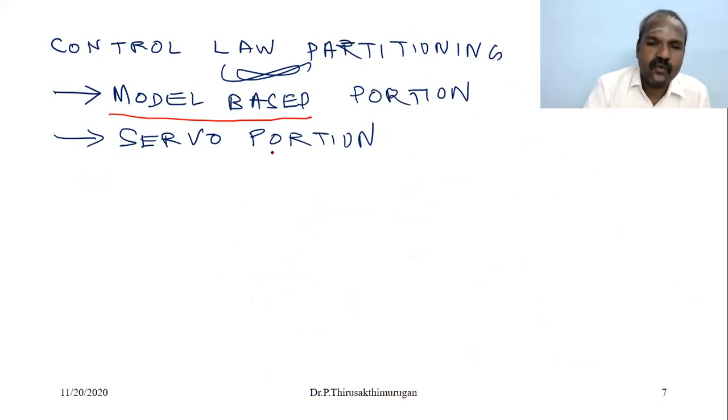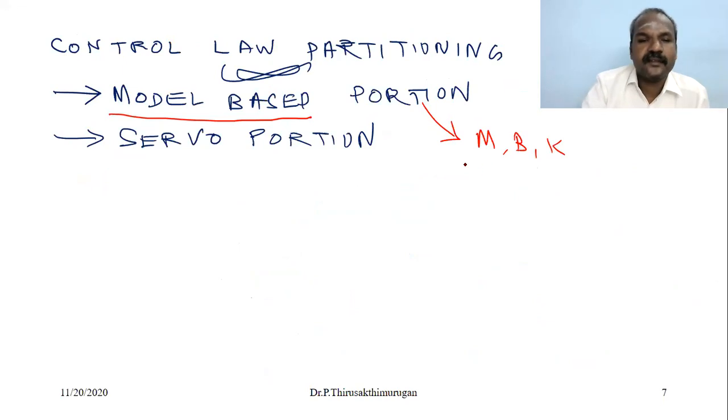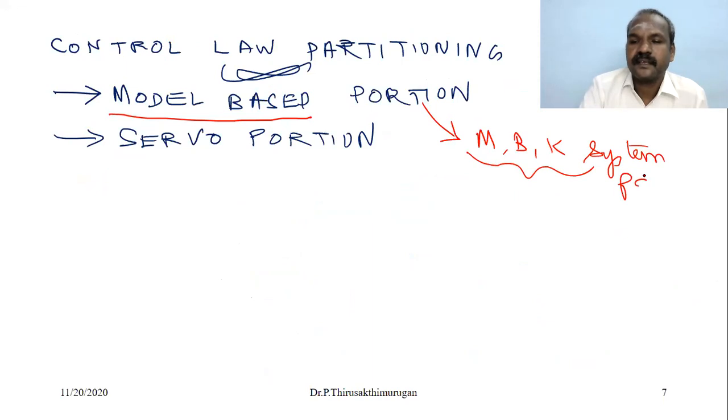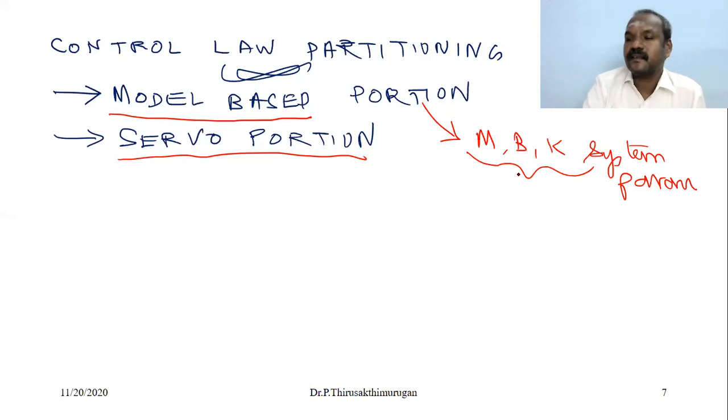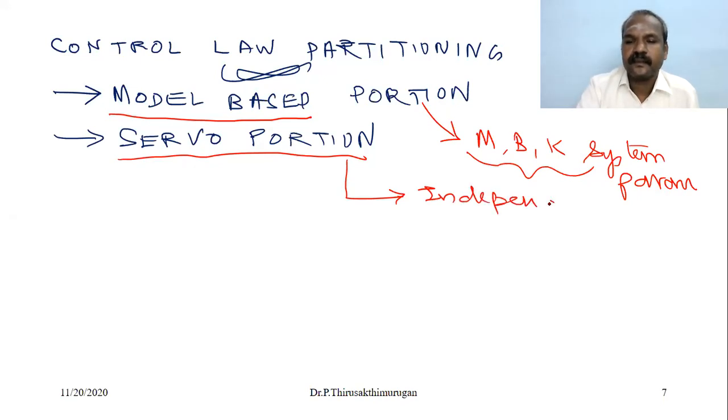The model portion mainly involves M, B, K. These are the system parameters, whereas the servo portion is totally independent of these system parameters.